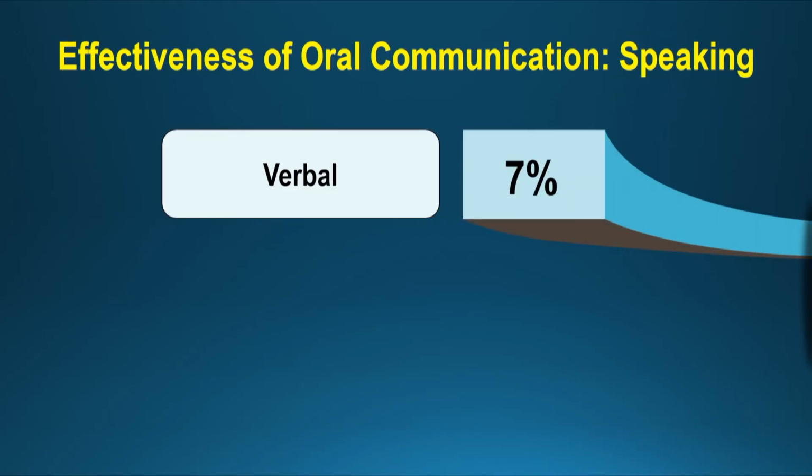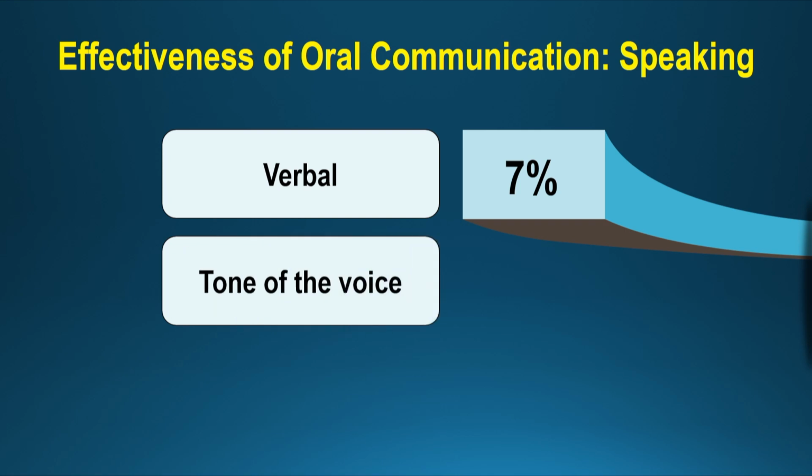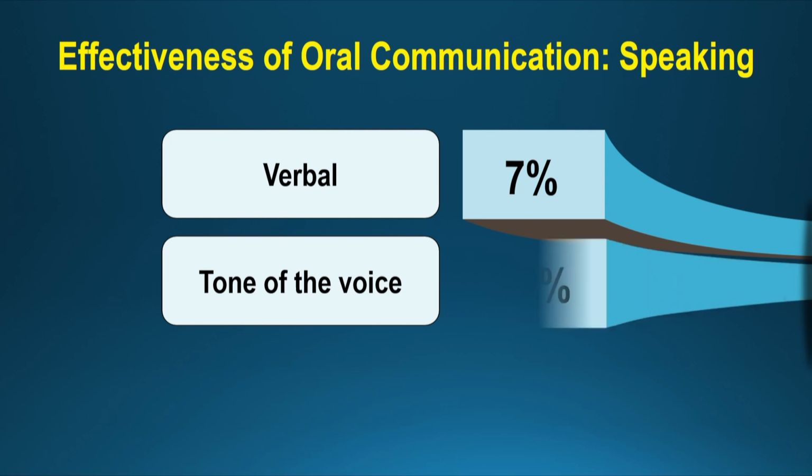And thus, it is very important that the teacher pays attention to the verbal symbols which he is utilizing in the class, though they have an effect on the effectiveness of communication only up to 7%. The tonal quality of the teacher determines the effectiveness of communication to the extent of 38%.